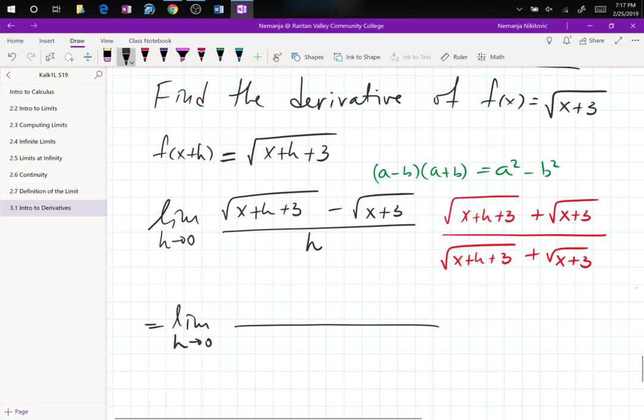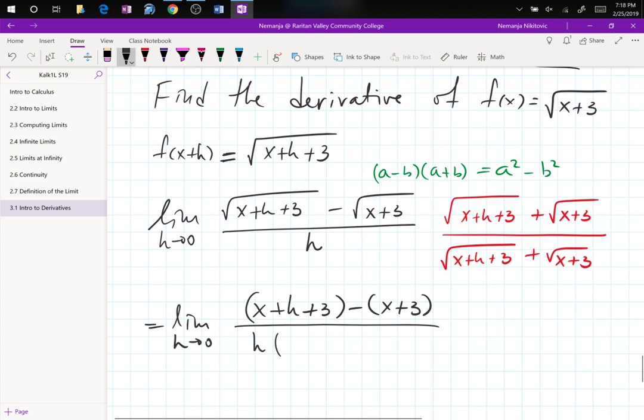So all I need to do is to square these roots, which will kill the roots. So I have x plus h plus 3 minus x plus 3. That's all I have. In the denominator, I will not distribute or multiply.